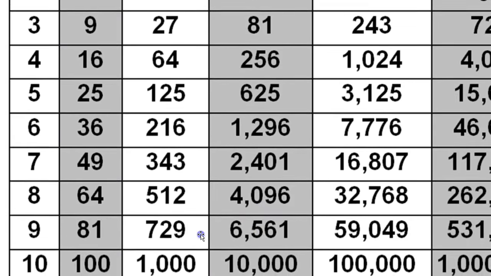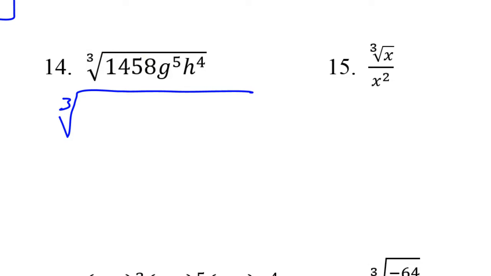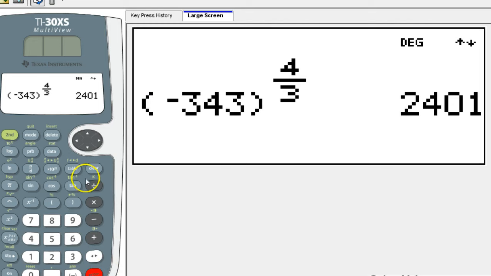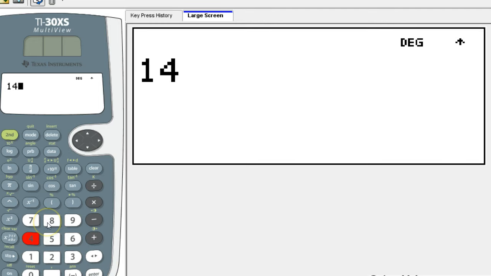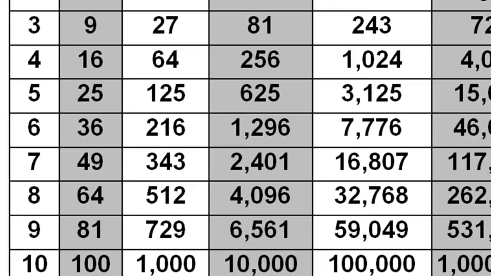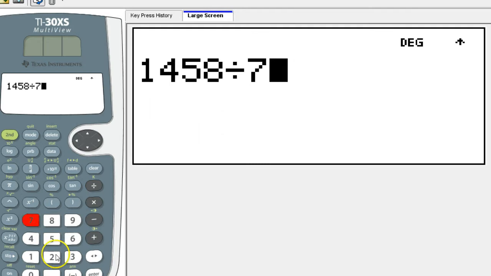Okay, so I need to find one of these perfect cubes that goes evenly into 1,458. Okay, so I'm doing 1,458 divided by stuff. All right, at the bottom of our chart there. All right, 729 is probably not going to work, but let's try it. Oh, it does work, actually.